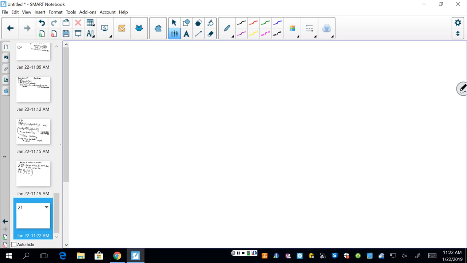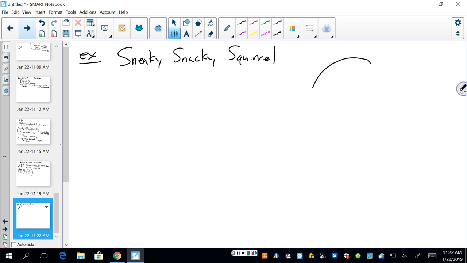So just a little example. We have a little game at home called Sneaky Snacky Squirrel, where there's a tree and there's acorns and there's a spinner with 0, 1, 2, 3, and spill. The idea is you want to fill up your bucket with acorns.